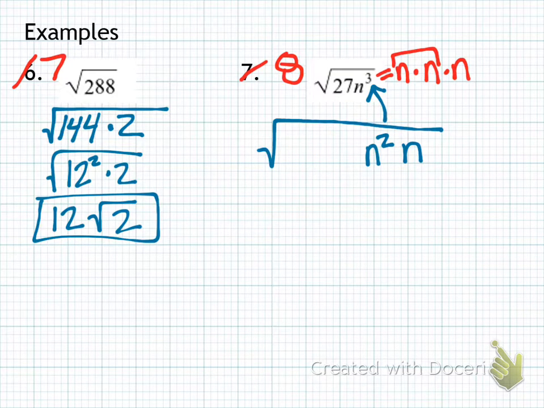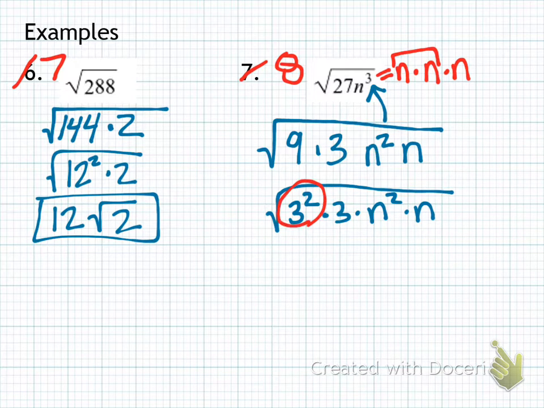And then with the 27, I can't really divide by 2 to get a whole number at least, but if I divide by 3, I get 9, which is a perfect square. So I know that 9 is just 3 squared. So I have a 3 squared and I have an n squared, so each of those is going to be able to cancel and go out of the radical.